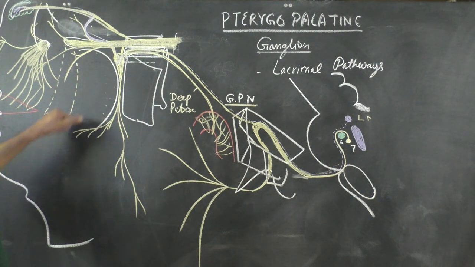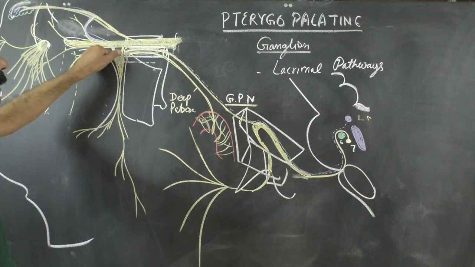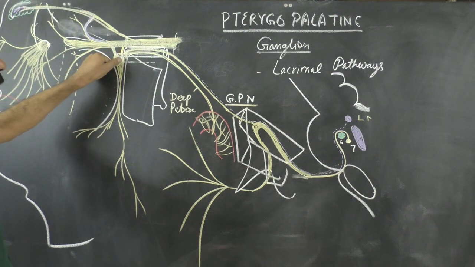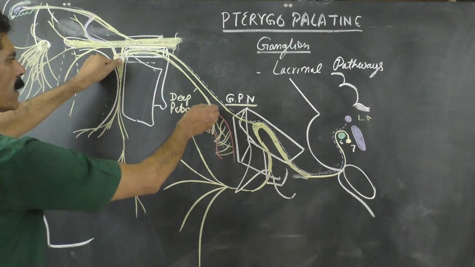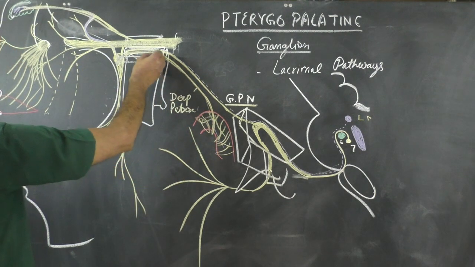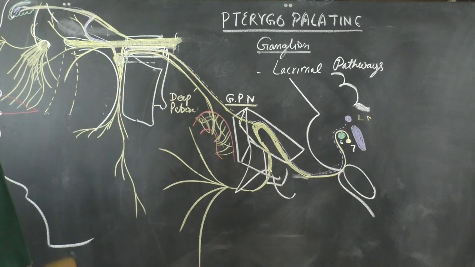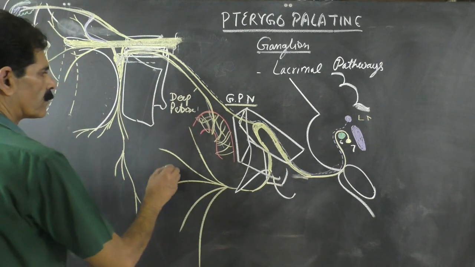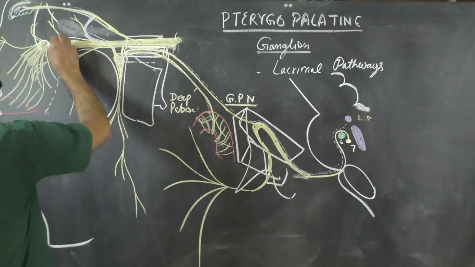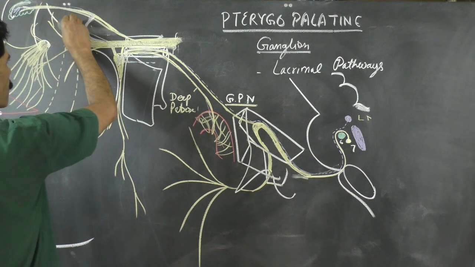So the pterygopalatine ganglion has got two routes. One is the secretomotor, that is the parasympathetic, and vasomotor fibers. They come from the deep petrosal nerve, which is formed by the postganglionic sympathetic fibers. It has got another route that is called the sensory route. The sensory route comes from the periosteum of the orbit.